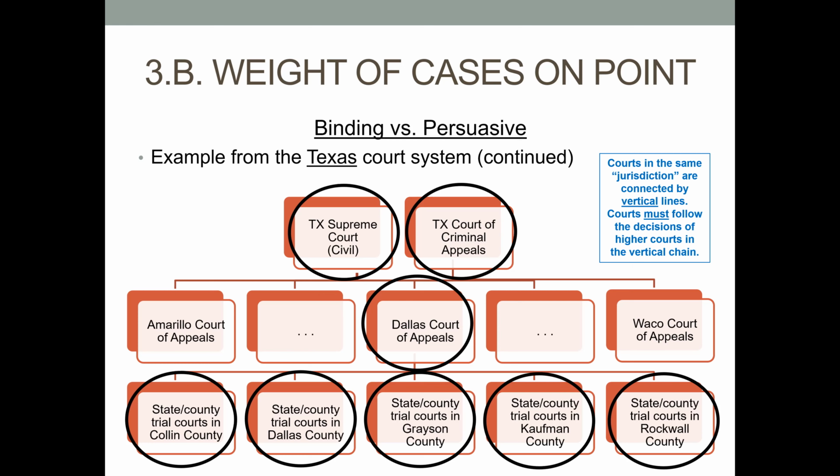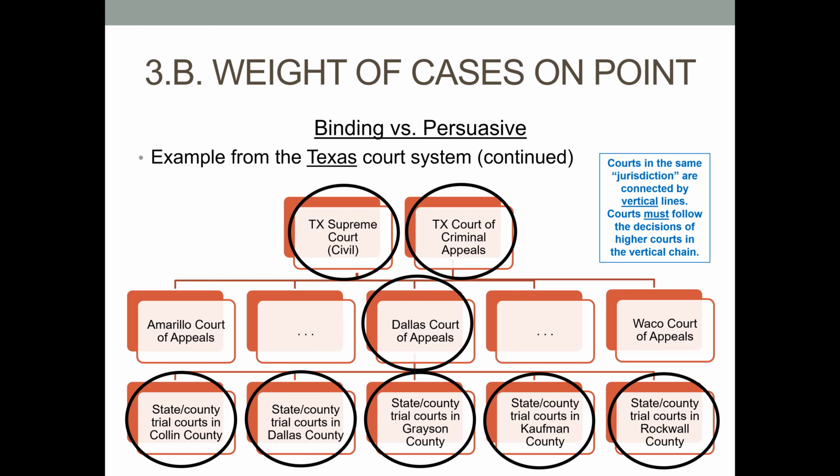So it works kind of the same way as we saw with the federal court system. The opinions of the Dallas Court of Appeals that are on point will be binding on Texas district and county level trial courts in Collin, Dallas, Grayson, Kaufman, and Rockwall counties. And similarly, the opinions on point by the Texas Supreme Court or the Texas Court of Criminal Appeals will be binding not only on the Dallas Court of Appeals, but also on the trial courts in those counties.